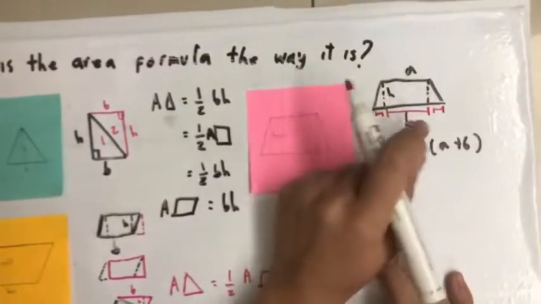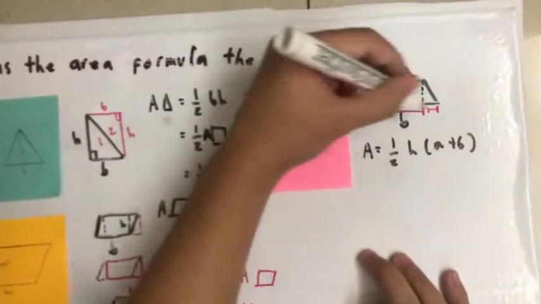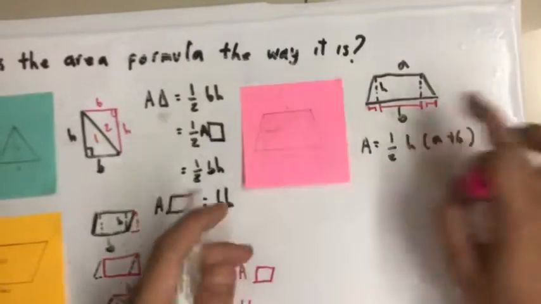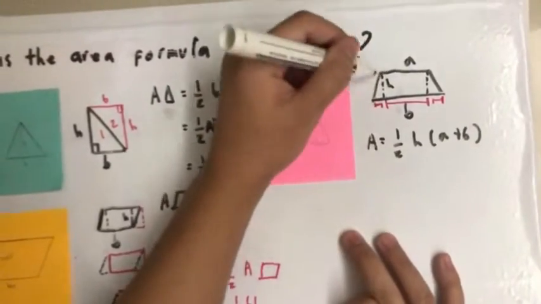Because this is what makes b, a plus this part. So if we dissect this shape, we can make this part plus this part, right?